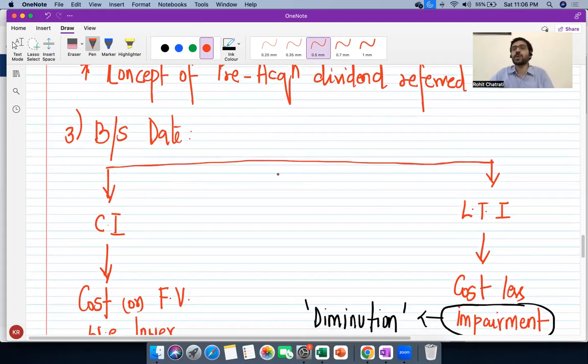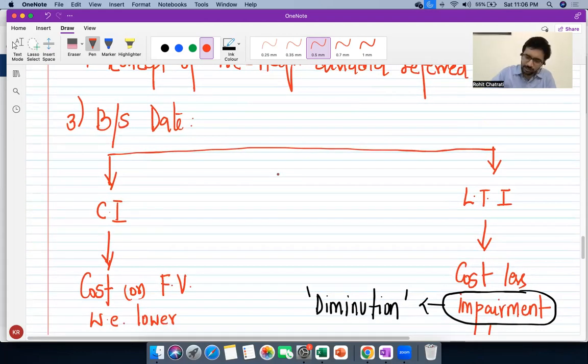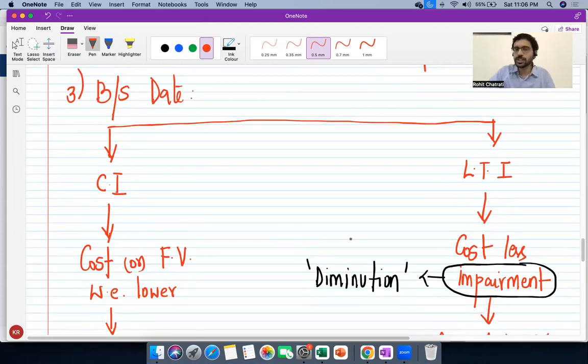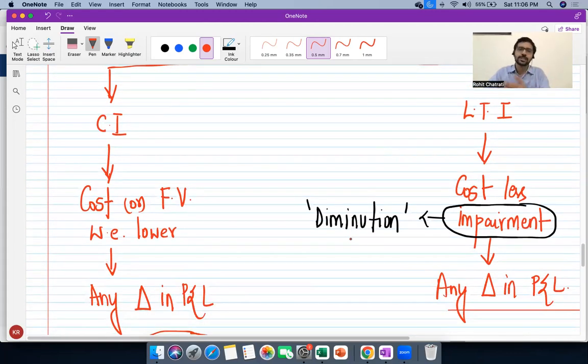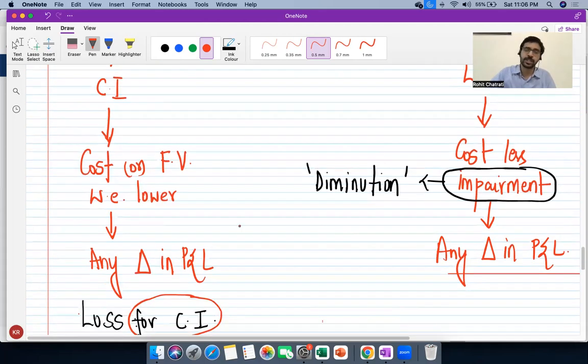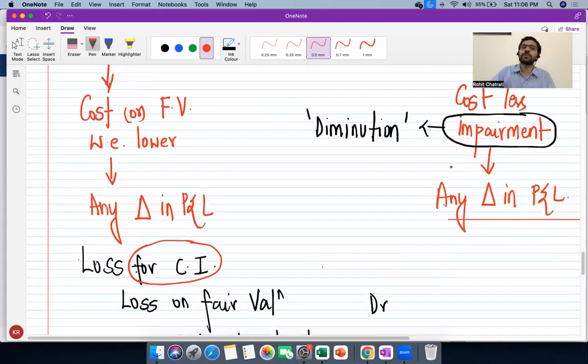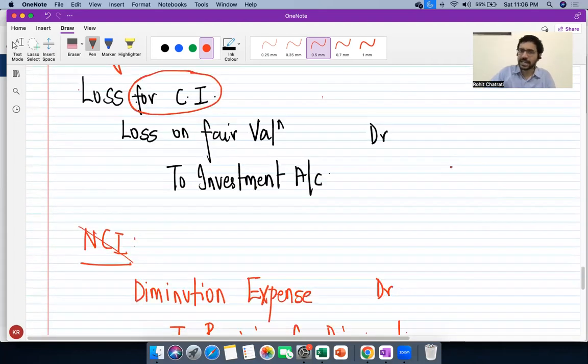Current investments we measure at cost or fair value, whichever is lower. Long-term investments we are going to measure usually at cost. However, if there is any other than temporary decline in the value of investment, then we are going to provide for its diminution, and it will be shown at cost less impairment, or cost less provision for diminution. Both loss on current investments and loss on long-term investments will be recognized in the P&L account.